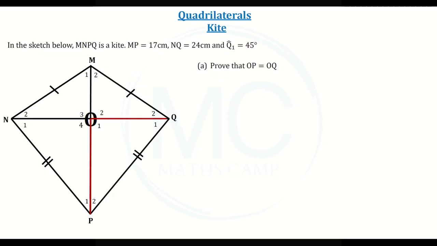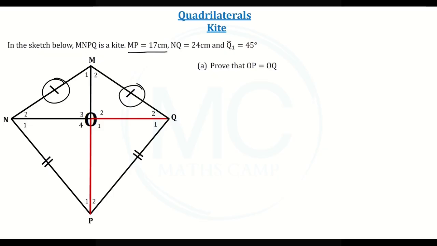The question tells us that MP is 17 centimeters long. From the diagram, we can see that MN over here is the same length as MQ. So MP is the main diagonal. We don't know how long MO is, so we can't use this to find the length of OP.